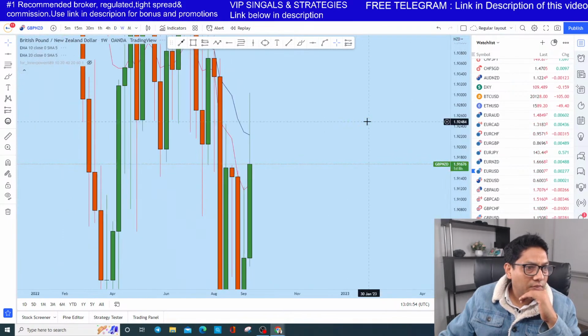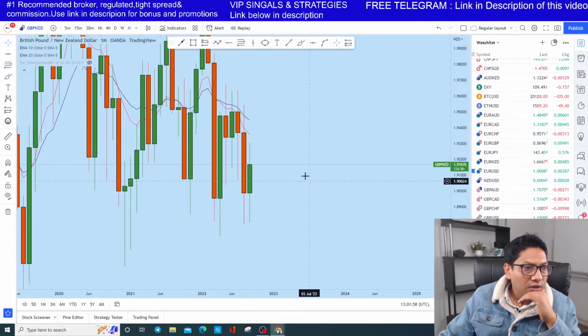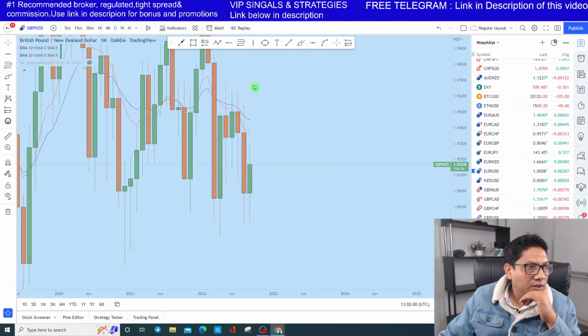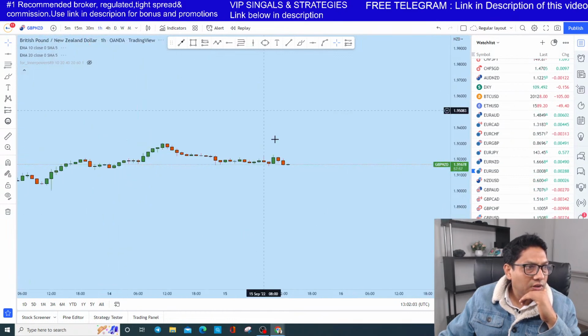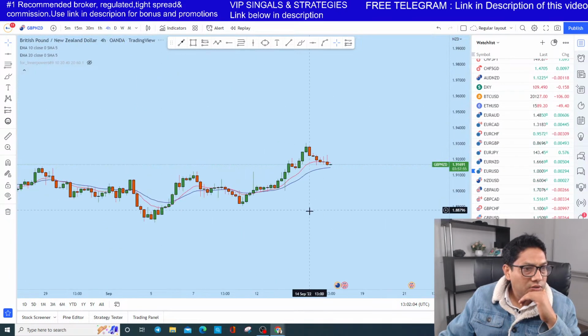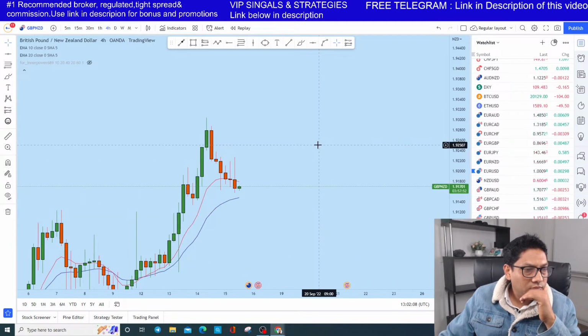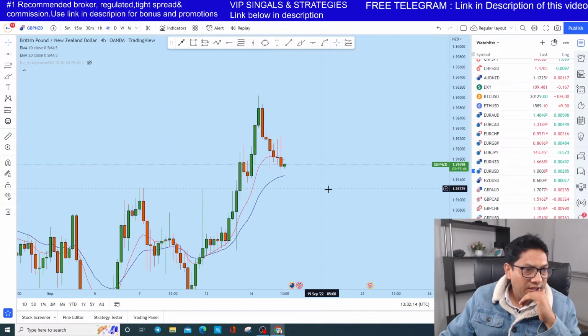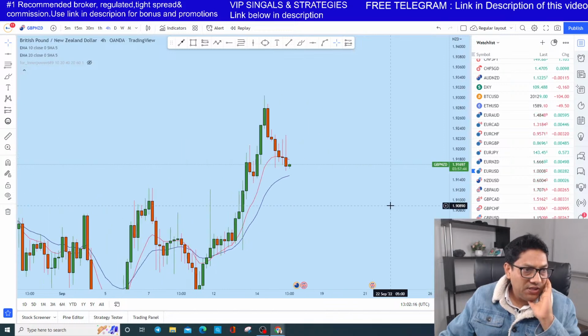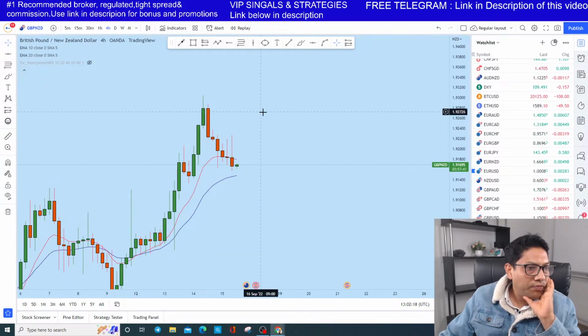because it's a long-term downtrend. Monthly we have seen primarily, daily, 4 hour. Okay, so it could see some upward movement, but finally I think that GBP NZD will continue to drop.